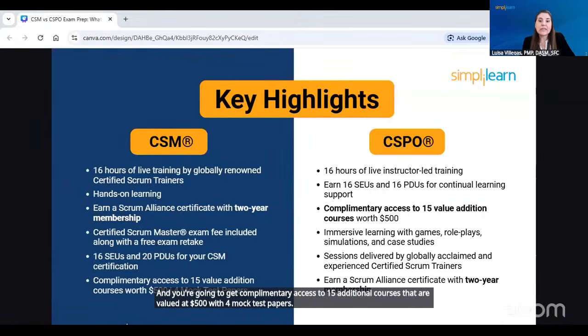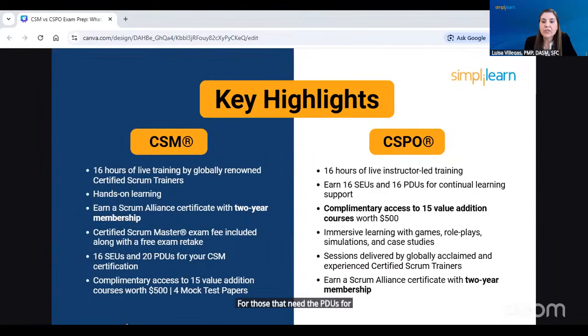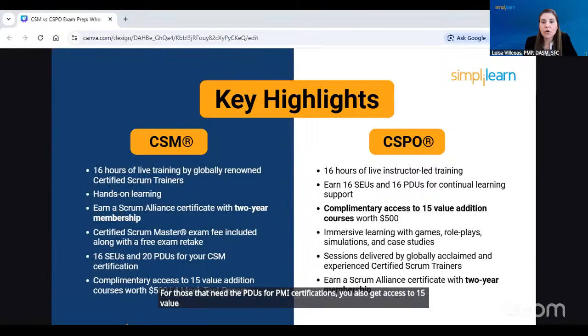Now, for the CSPO, you'll also receive those 16 hours of live instructor-led training. You can also earn 16 Scrum Education Units and 16 PDUs for those that need the PDUs for PMI certifications. You also get access to 15 additional courses that are worth $500.